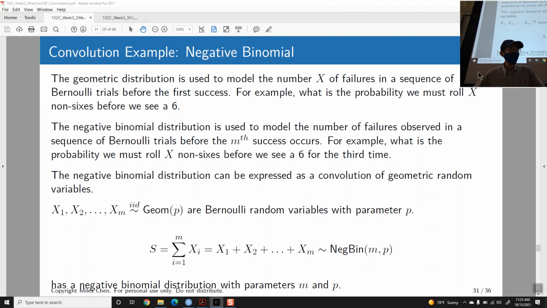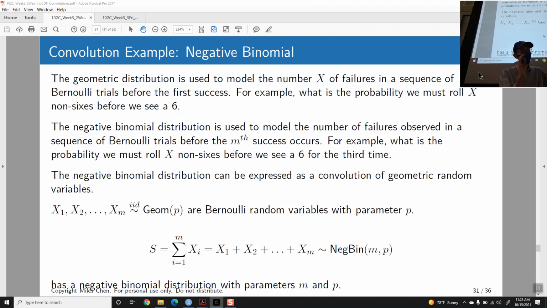If you roll the die, there's a 1/6 probability of getting the number 6. What's the probability you get a 6 on the very first one? That's the probability of having to roll 0 non-6s. And technically, with geometric, there's still a probability of having to roll it 50 times before you see a 6. Okay, it's a very low probability, but it's not 0, right?